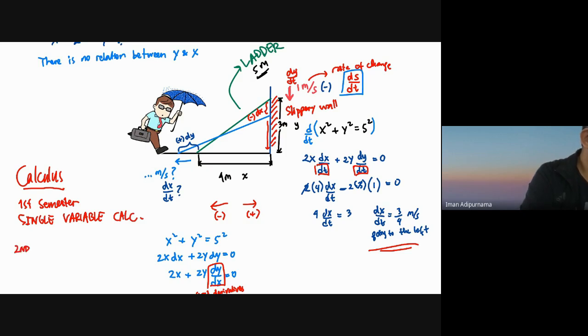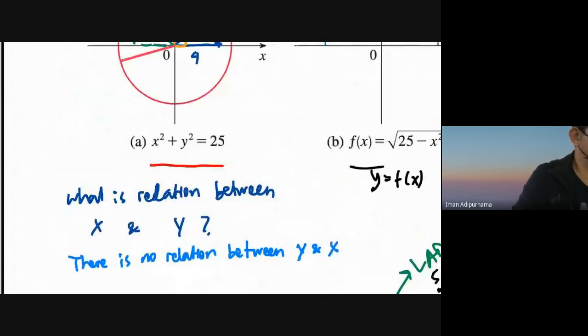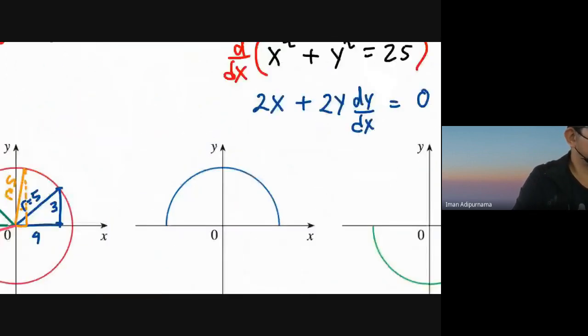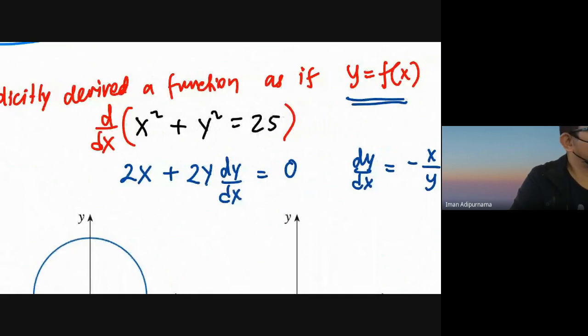The second semester is what we call multivariable calculus. So even though we see that we have x squared plus y squared, two variables, we are still working the derivative in terms of single variable x, because we are using d dx, dy dx. We still find that dy dx.